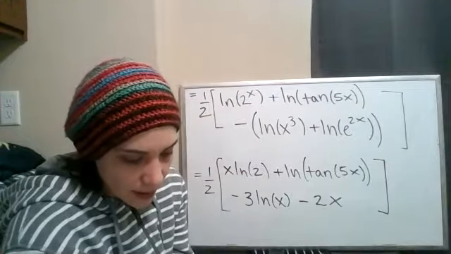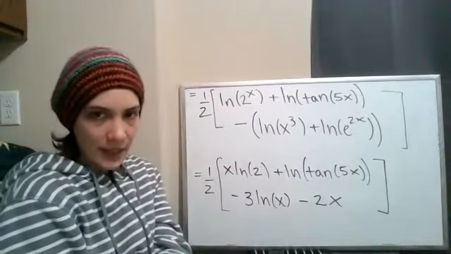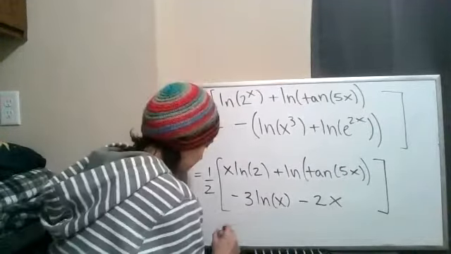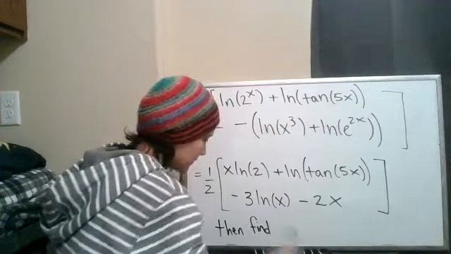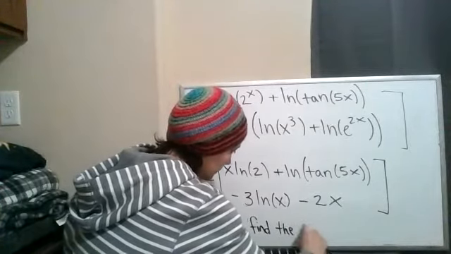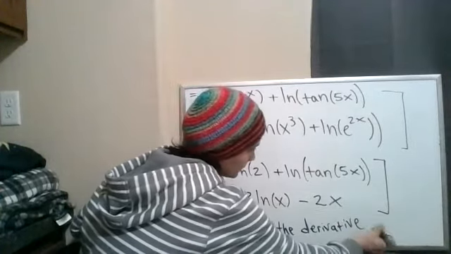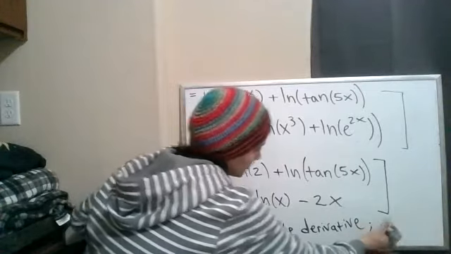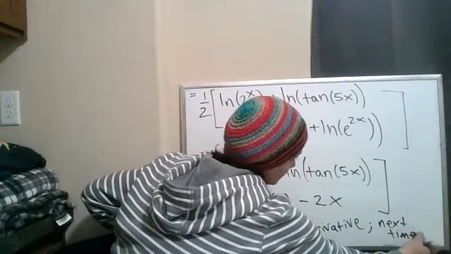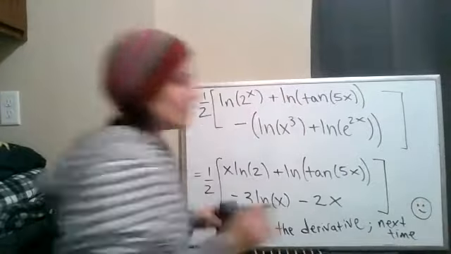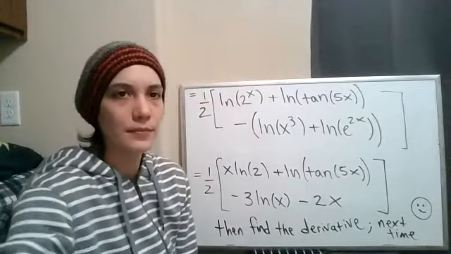So we got ln of y equal to this. It looks good. And then I said we'll come back next time to find the derivative. All right, so that's good for now.